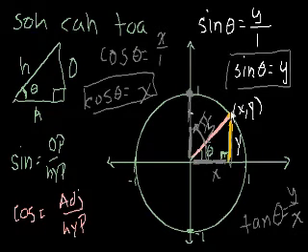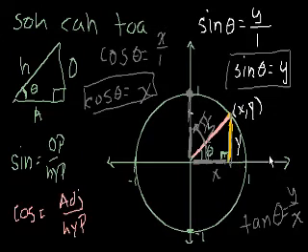And remember, these y's and x's are the point on the unit circle where this line intersects the circumference. The sine of theta is equal to y, the cosine of theta is equal to x, and the tangent of theta is equal to y over x.